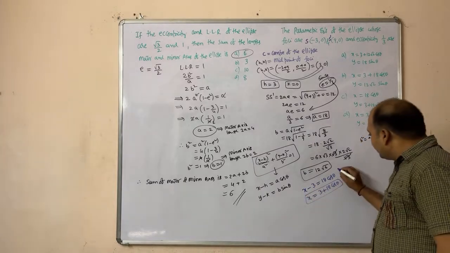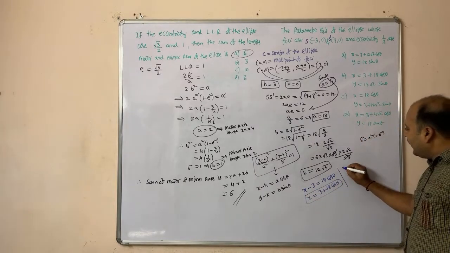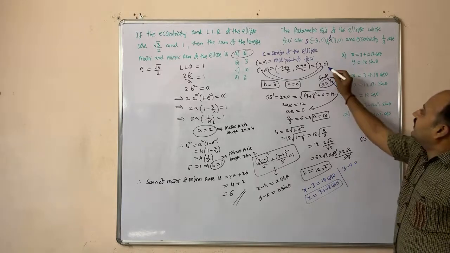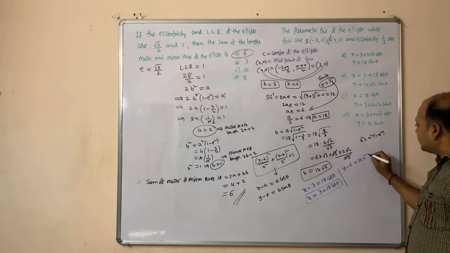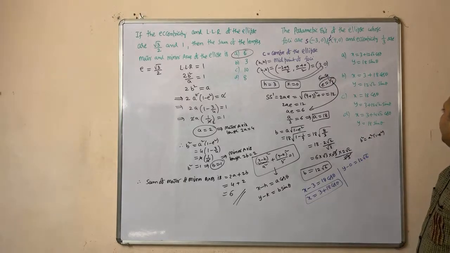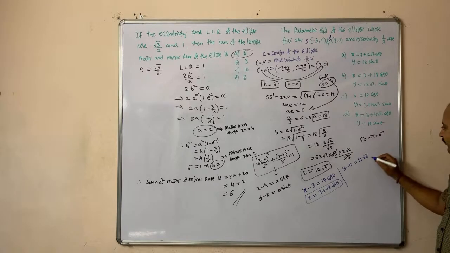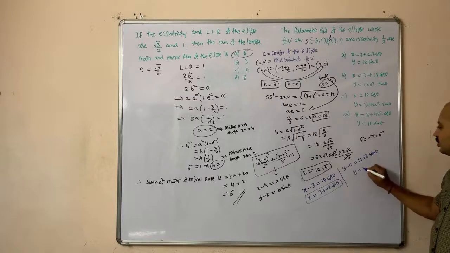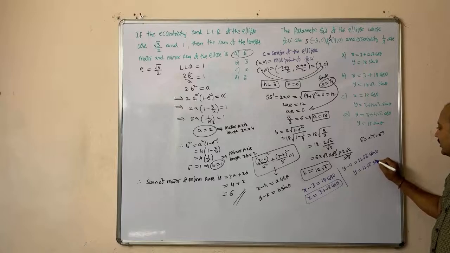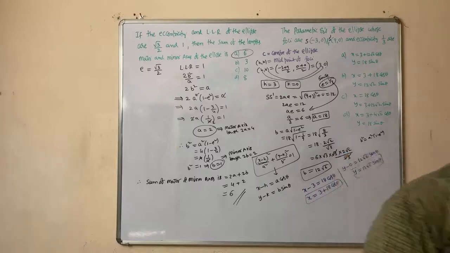Next, similarly, y minus k value, k is 0, into b value is 12 root 6, 12 root 6 into sin theta. So y is equal to 12 root 6 into sin theta. So these are the options, dear students.